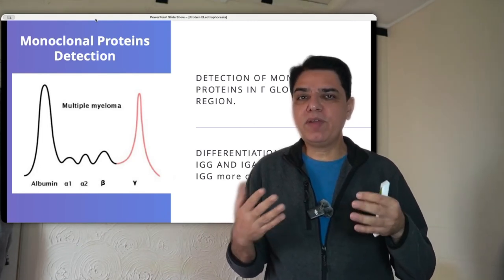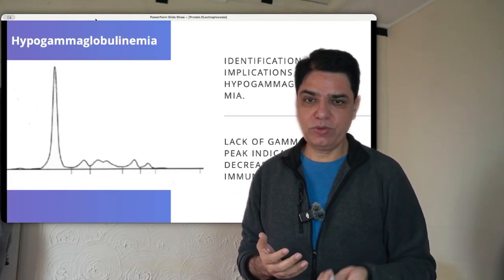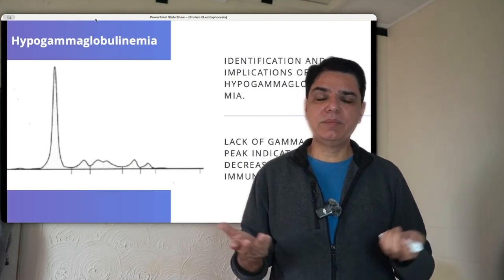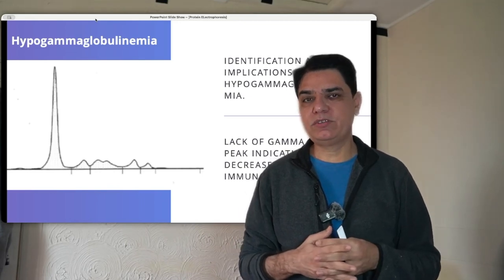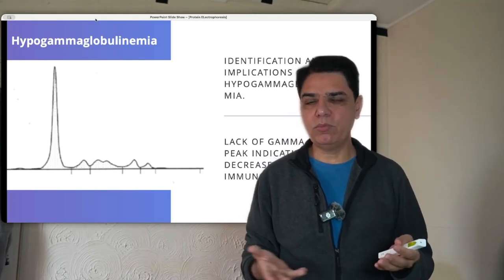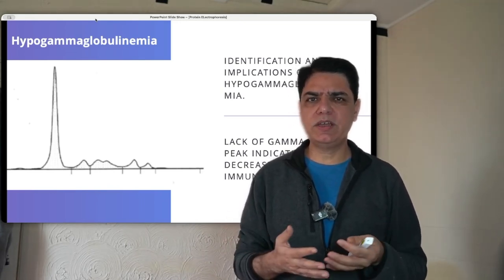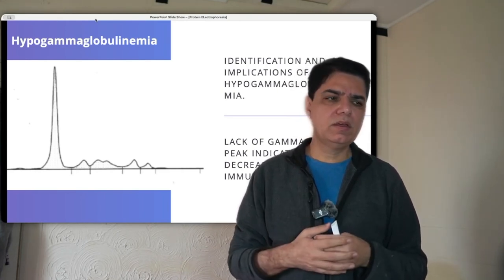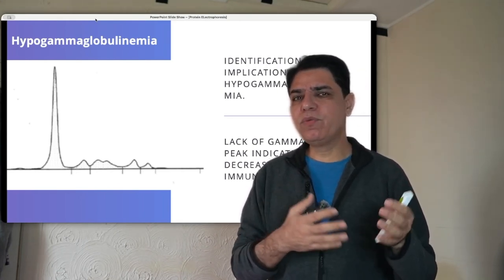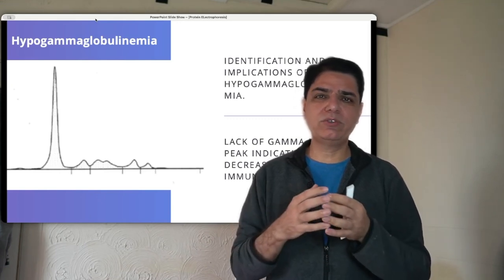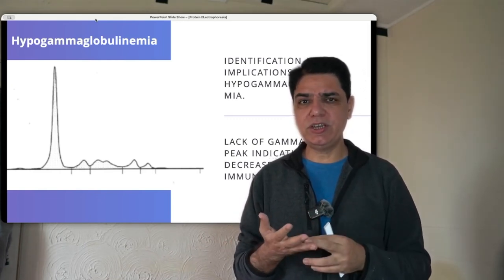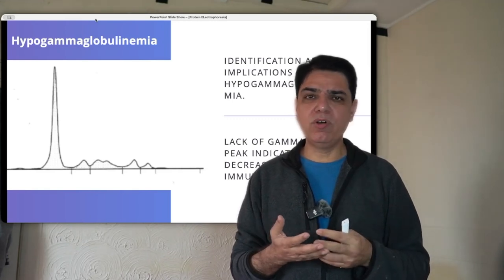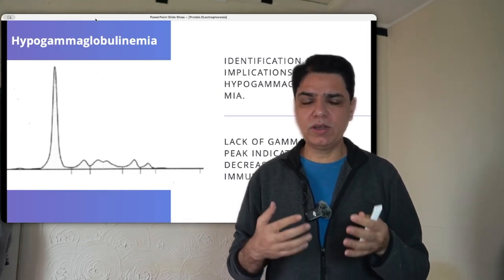And if you get a flattened one, like we'll show you this one, so if you get a flattened gamma globulin section of the protein electrophoresis, you are dealing basically with hypogammaglobulinemia. Hypogammaglobulinemia means that you are low on the gamma globulin side, and that would require further testing through flow cytometry or subclassing of the gamma globulins to see whether it's IgG, IgA, IgE, or pan-hypogammaglobulinemia.